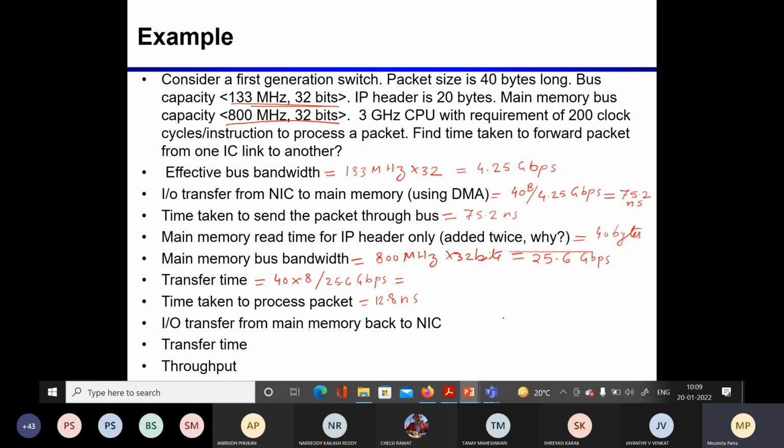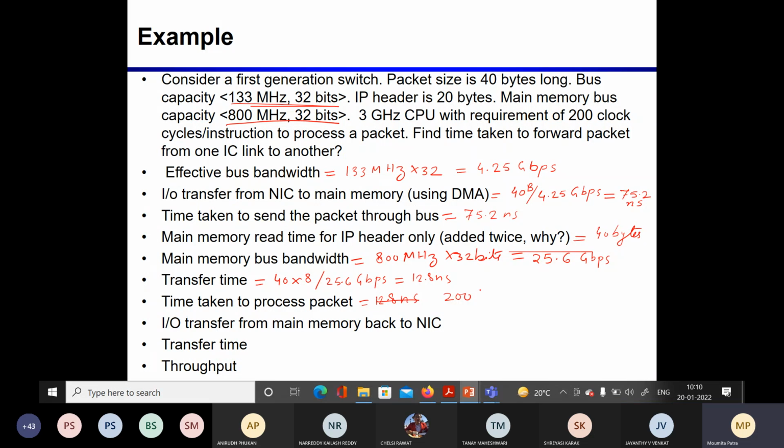All right. Then next is IO transfer from main memory back to NIC. Oh, sorry, I wrote this wrongly. This is 12.8 nanosecond. This one is not. This is the time taken to process the packet. So time taken to process the packet, what will it be? We know that this is 200 clock cycles per instruction, right?